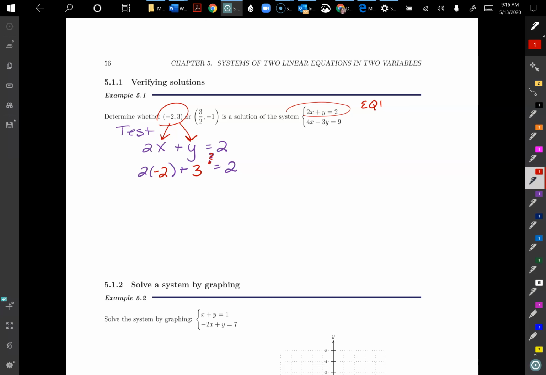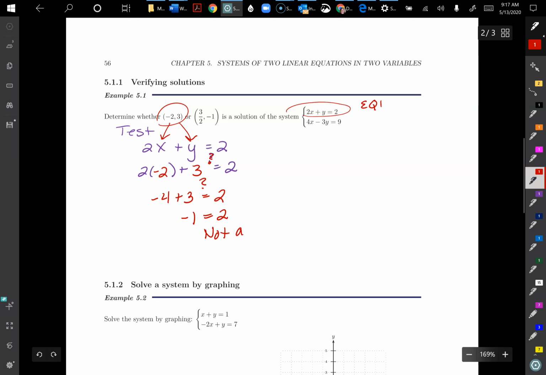Then I end up getting -4 plus 3 equals 2, and then I get -1 equals 2. Does that equal 2? Well, no, it does not. So then we would write not a solution.